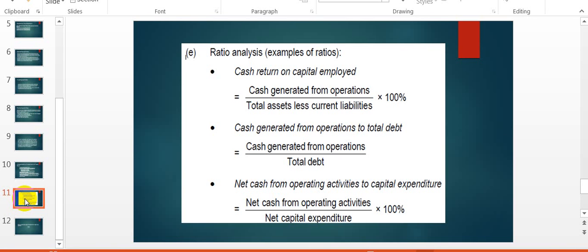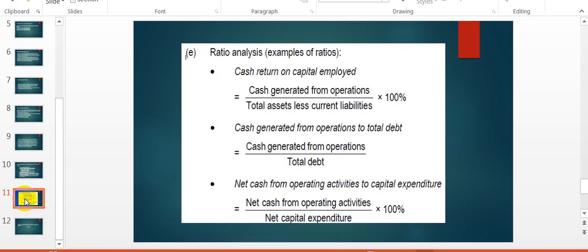Cash generated from operations to total debt equals cash generated from operations over total debt. Correct, yes.